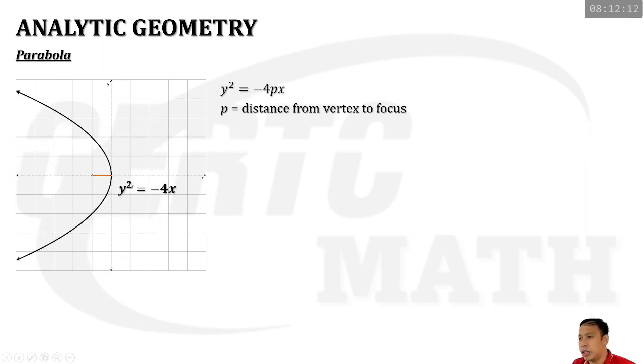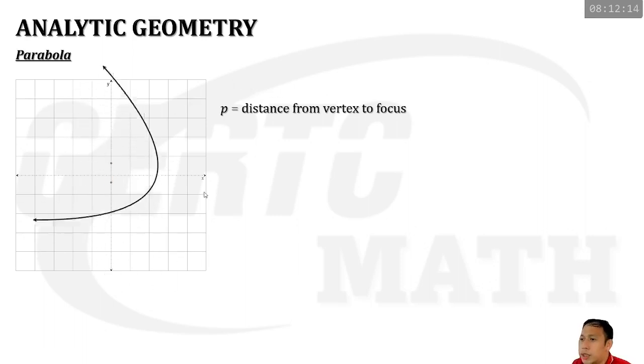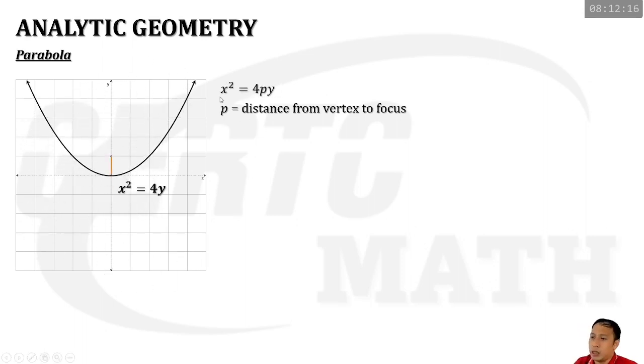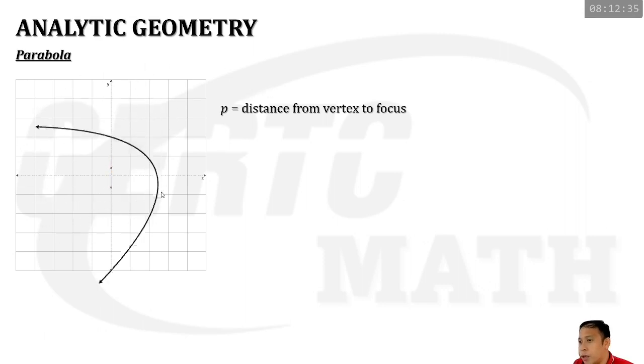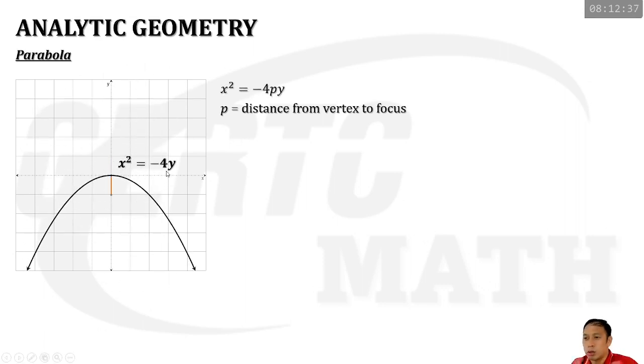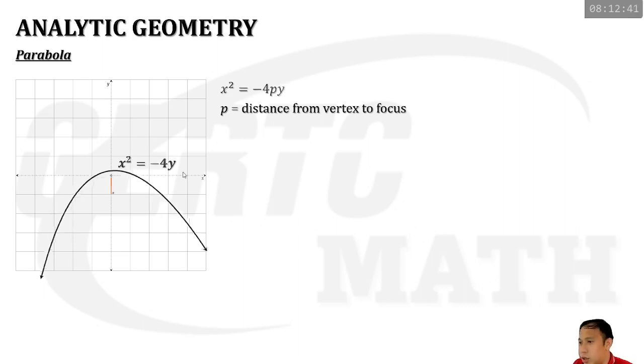So as you notice, if it opens upward, the equation is x squared is equal to positive 4y, kasi it opens towards the positive y direction. So parang yan yung indicator mo kung ano yung sign nito. That's where the opening would go. If negative y, it goes towards the negative y direction.